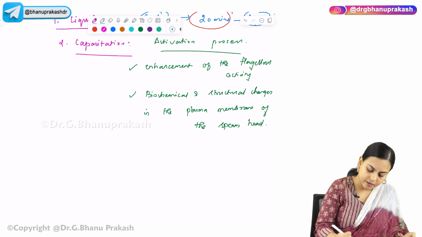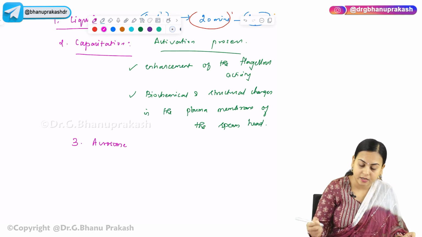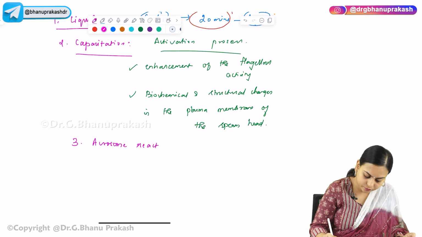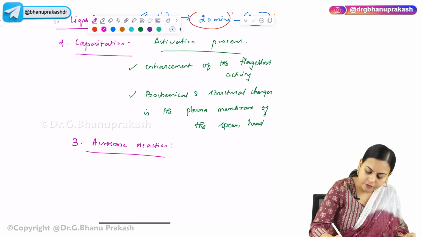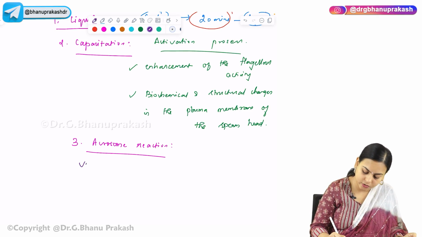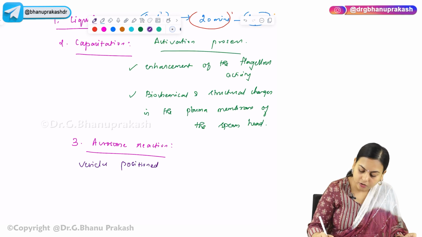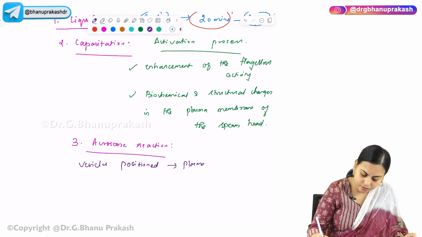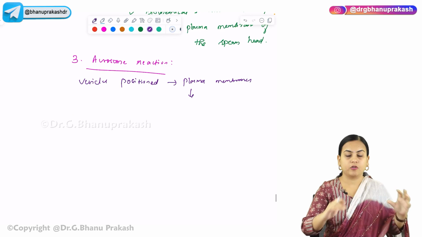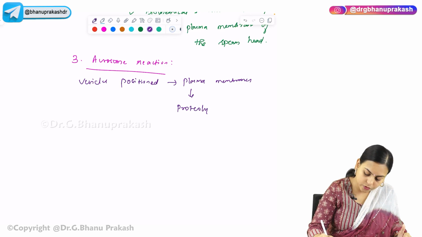Fine. Now, we also have something else happening, that is the acrosome reaction. What is the acrosome reaction? Here, the vesicles positioned in the sperm close to the plasma membrane all merge together and produce proteolytic enzymes.